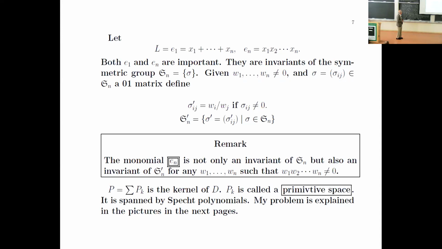The monomial En is not only an invariant of Sn, but it is also an invariant of Sn prime whenever these non-zero constants are given.